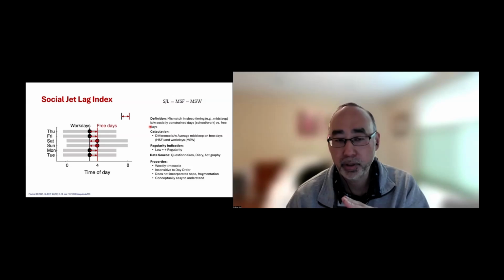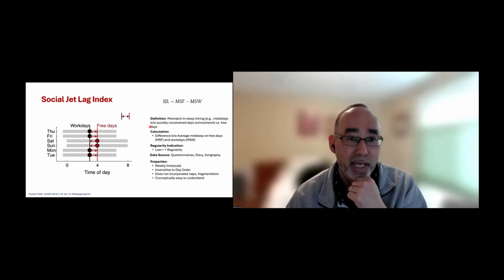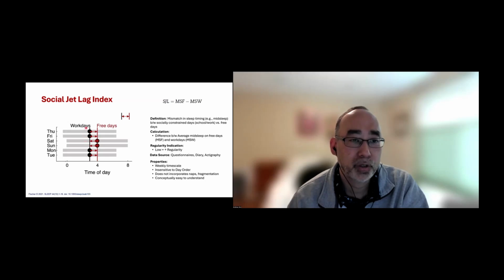The third measure is the social jet lag index. This one I think is much easier to understand and interpret. It's basically finding the average, oftentimes the mid sleep time, during the weekdays and comparing it to the mid sleep time during the free days, which is often the weekend.